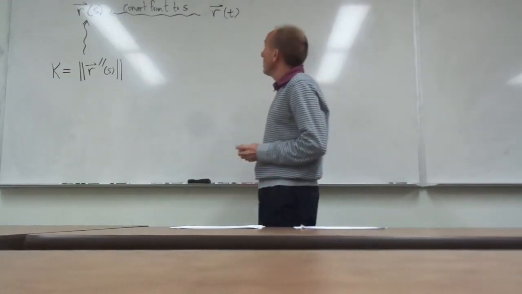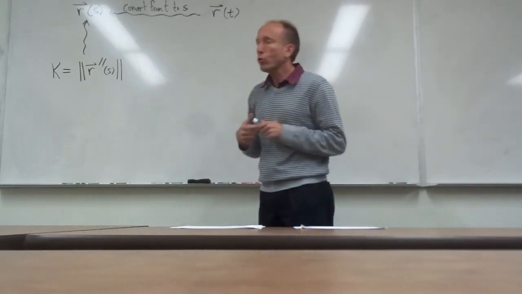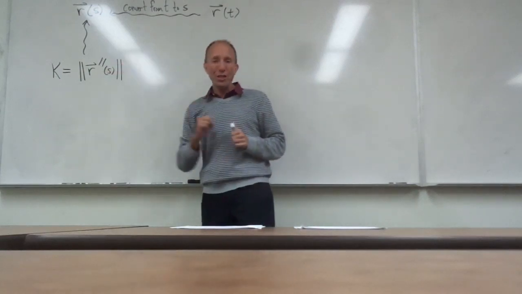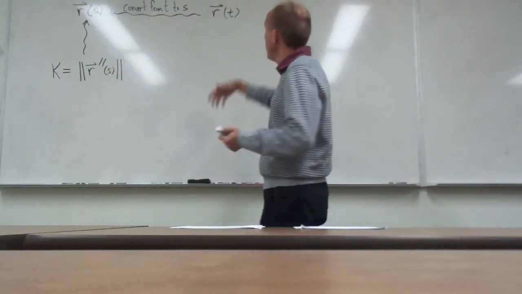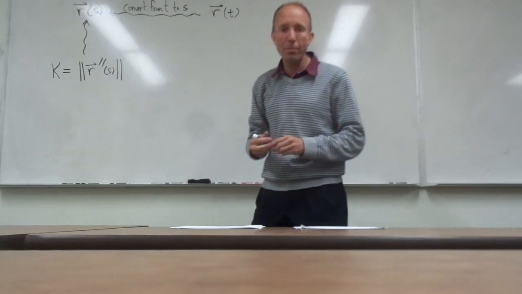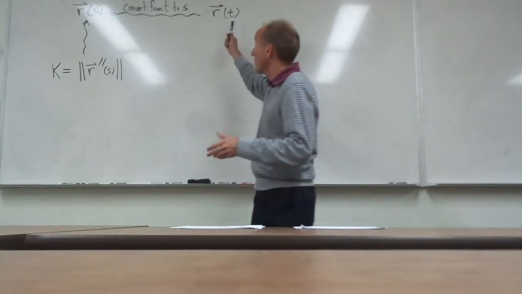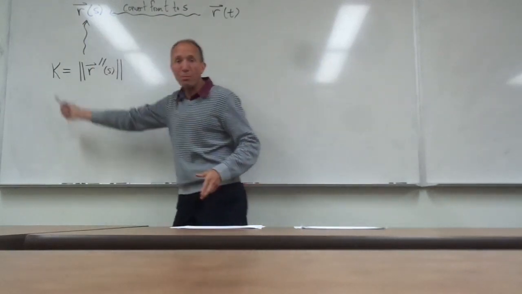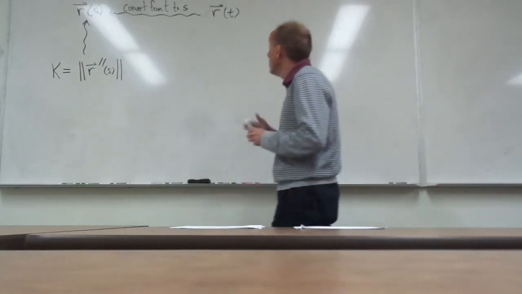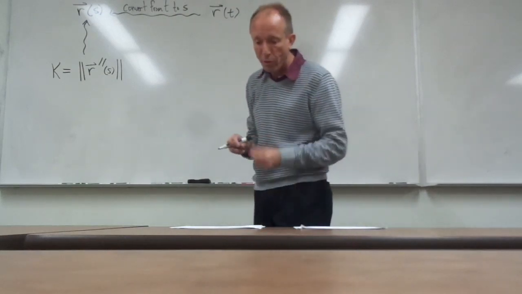But the question might come up: could you come up with a curvature formula that comes directly from the r of t side, so you don't have to go through this conversion? Turns out that there is such a formula.